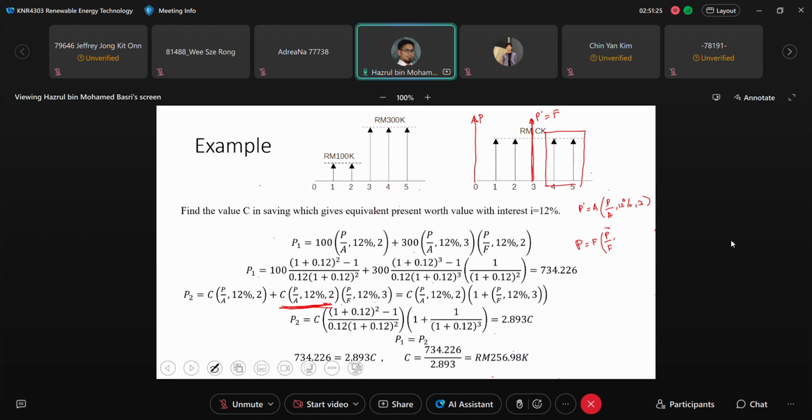What is the interest rate? 12%. What is the value of period? It is 3, not 2, because here we have 1, 2, 3. It is number 3, I want to bring it here. So 3. Don't confuse. So there you go. Multiply by this factor.